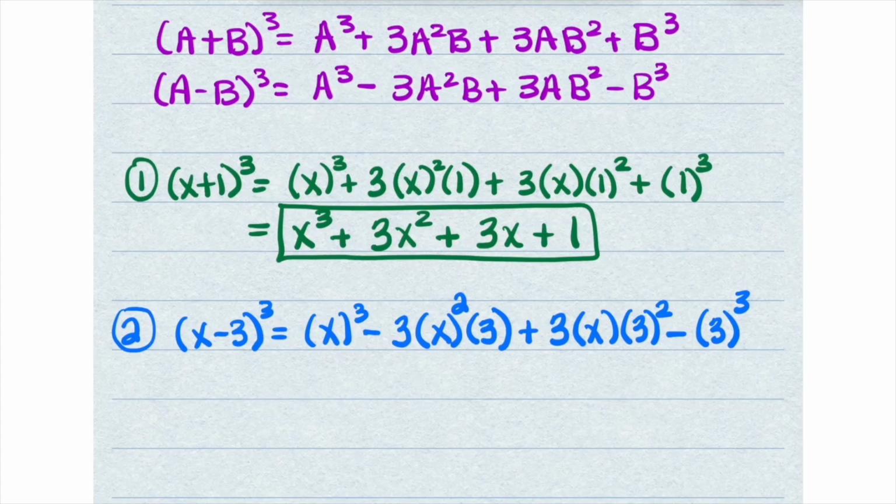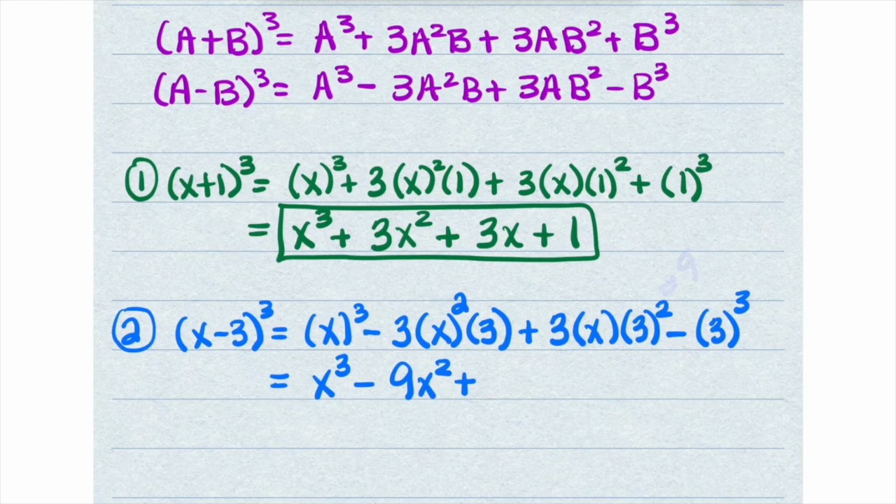Okay, cool beans. So that's x cubed minus 3 times 3 is 9 times x squared, 9x squared, plus 3 times x times 3 squared. So let me write this here. 3 squared, we know that's 9.